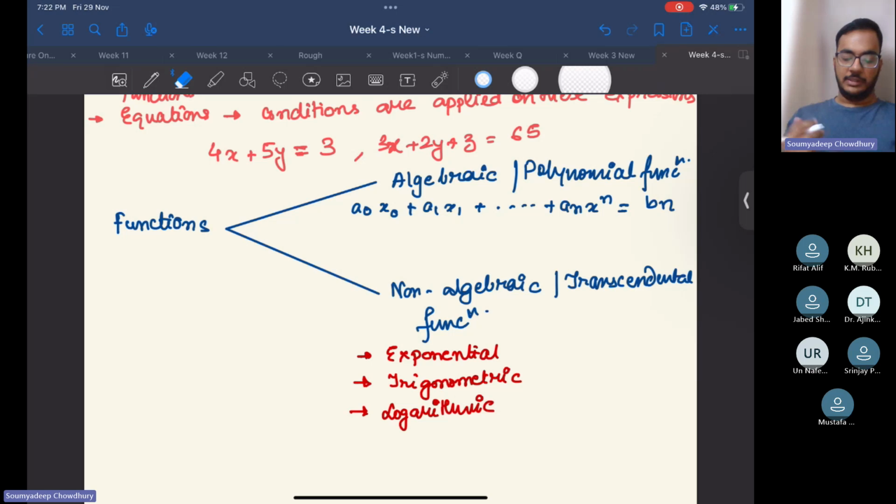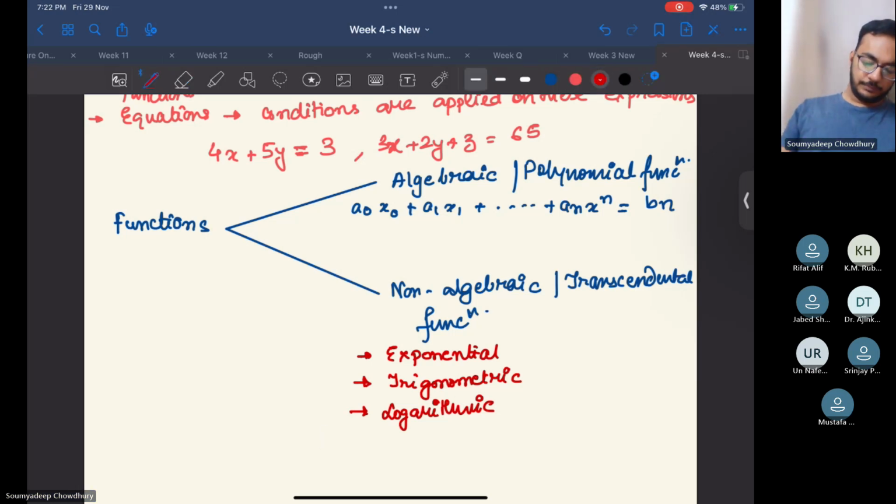These are the different transcendental equations. An example is log x plus e to the power x plus cos x equals 0.